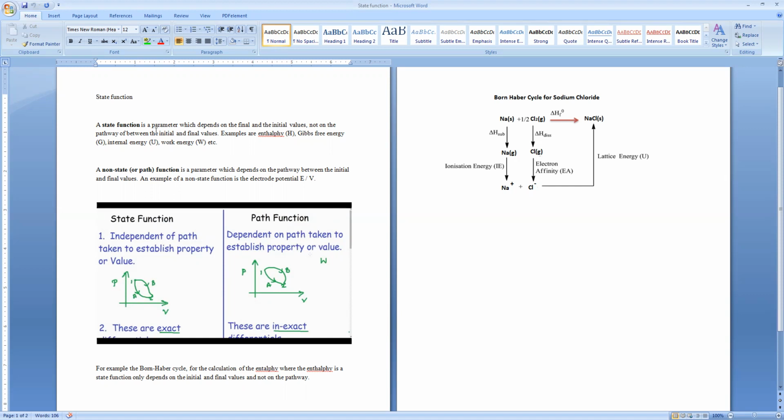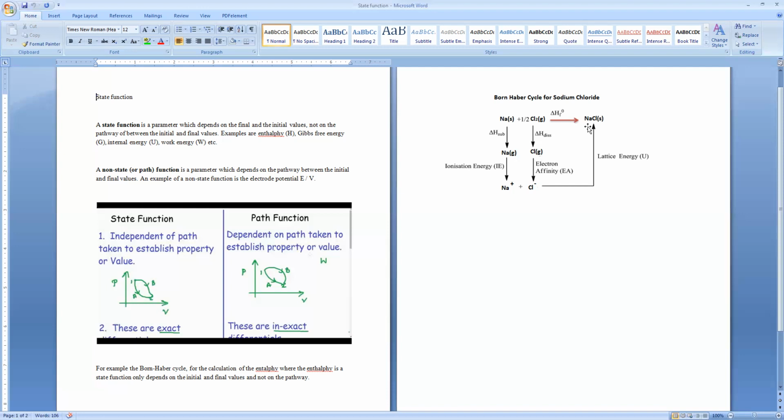That enthalpy here in this diagram can be calculated if you know the enthalpy of the other changes, because the change from the left to the right is equal to the change from the bottom left and then to the top. So this completes one cycle. Therefore, a state function only depends on the initial and the final value. It does not depend on the pathway. Examples of state functions, like I said just now, are enthalpy, Gibbs free energy, internal energy, work.